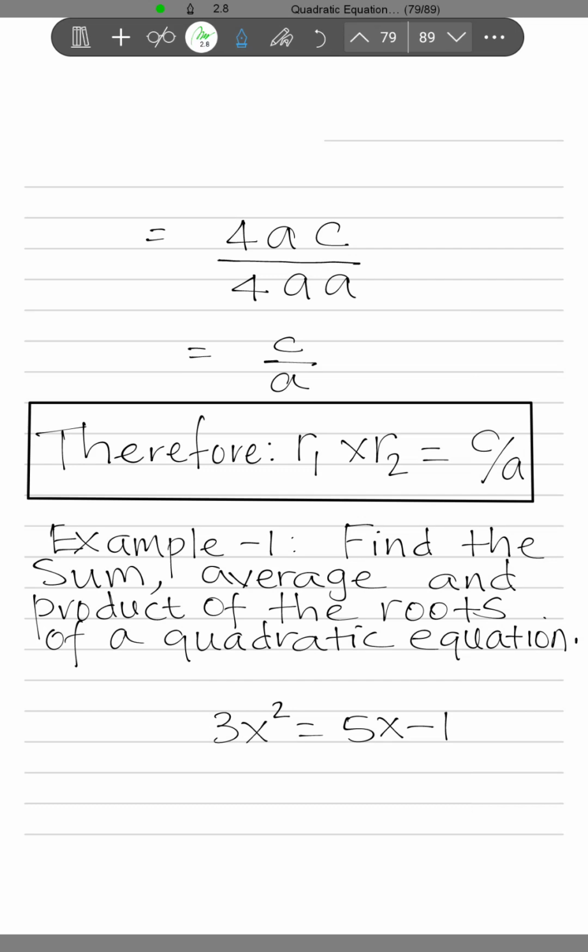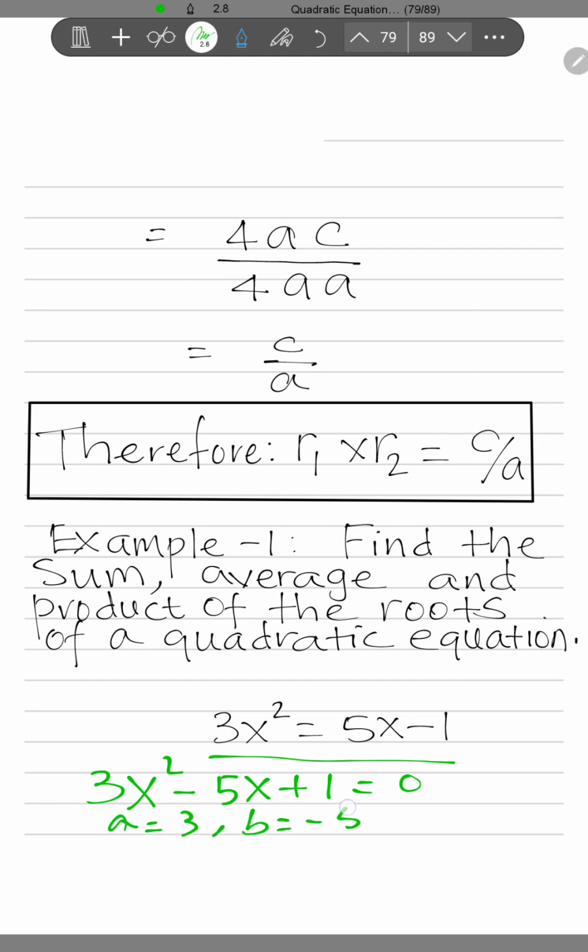Now let's see here, find the sum, average, and product of the roots of the quadratic equation 3x squared is equal to 5x minus 1. Let's put it first in the standard expression format, which is 3x squared minus 5x plus 1 is equal to 0. A is equal to 3, B is equal to minus 5, C is equal to 1.